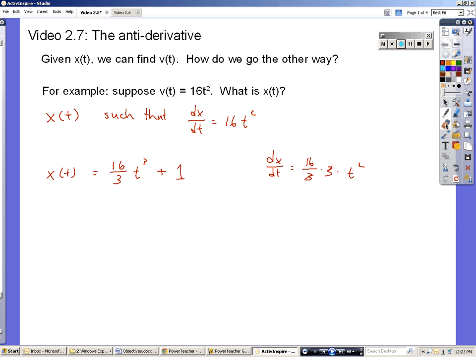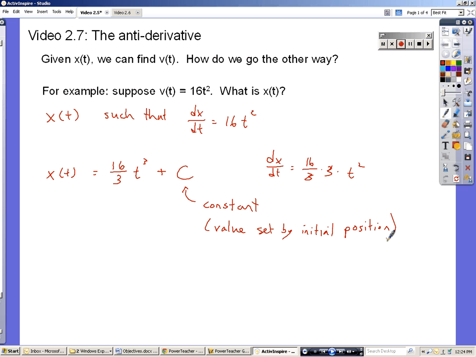And so when you do this antiderivative, you have to add a constant, c, where c is some undetermined constant, and normally its value will be set by the initial position. In this case, c is wherever this starts out at, because the velocity doesn't tell you what the position is, it only tells you how the position is changing. So that's why we need the constant. And that's what we call an antiderivative.